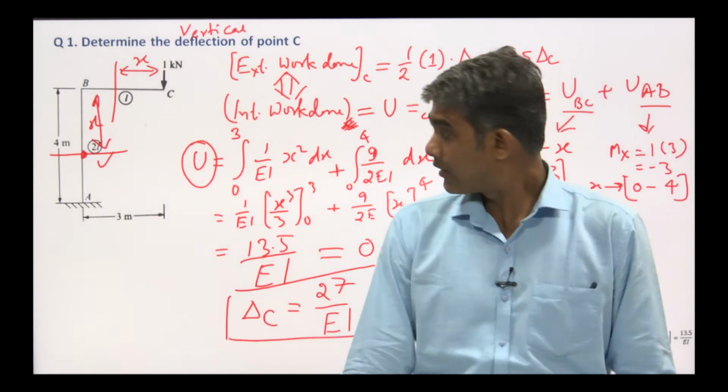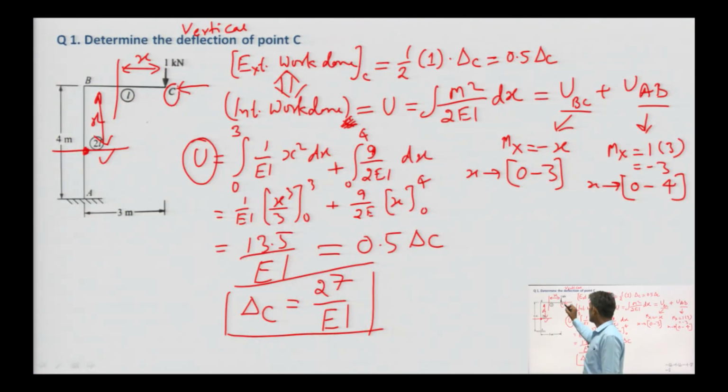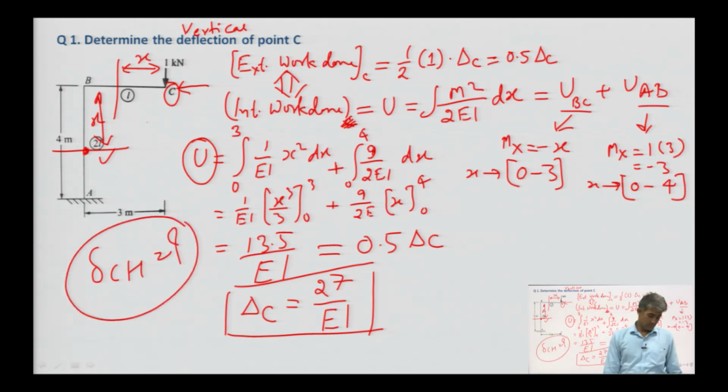For example, suppose we need to find the horizontal displacement at this point C. There is no force acting here, so how do we calculate delta C H? The first Castigliano's theorem has been proposed to handle this type of deflection.